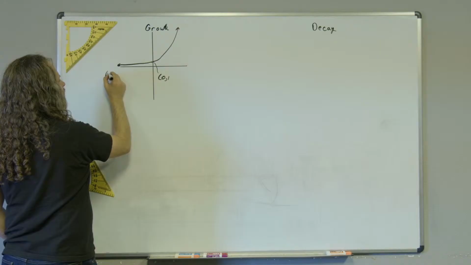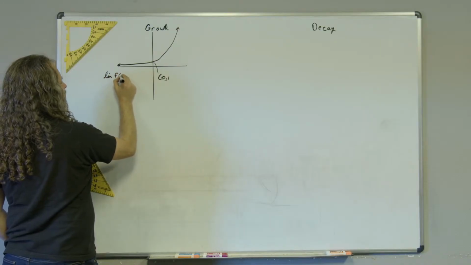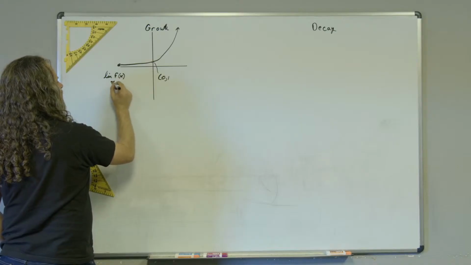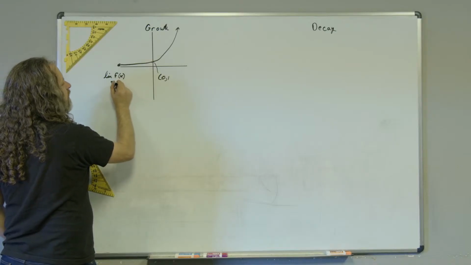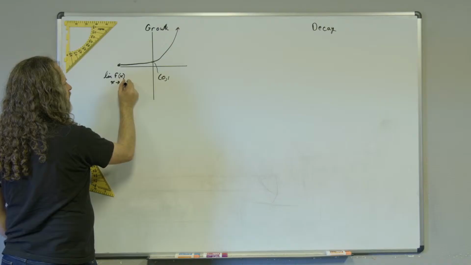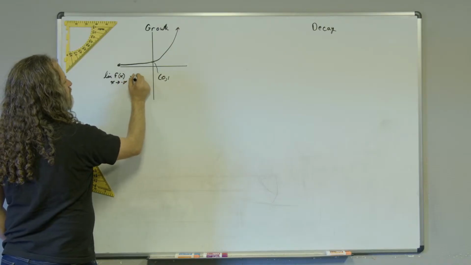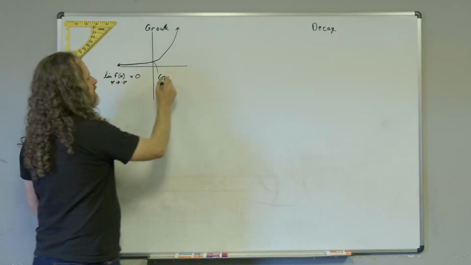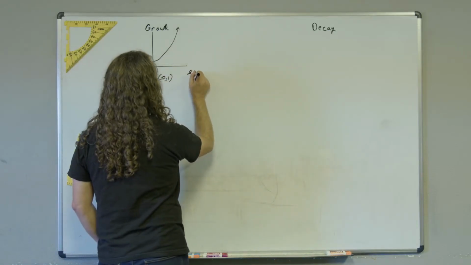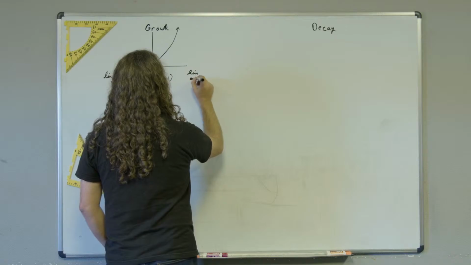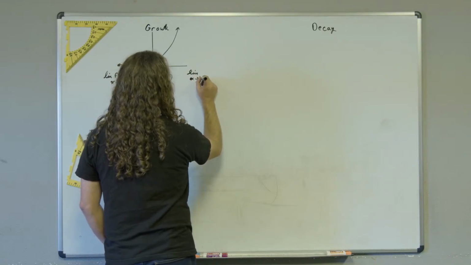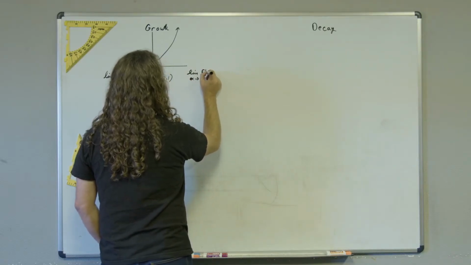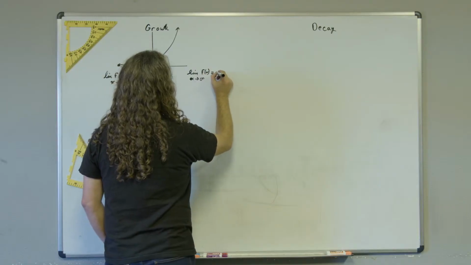The limit as x approaches negative infinity of f of x is 0 on that end behavior. The limit as x approaches positive infinity of f of x is infinity.